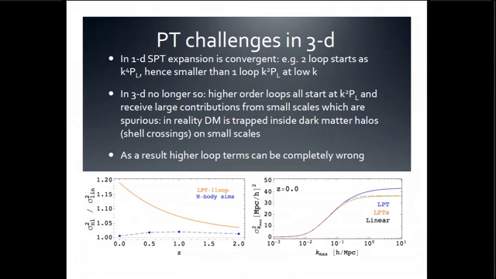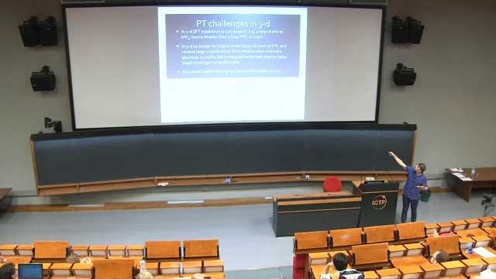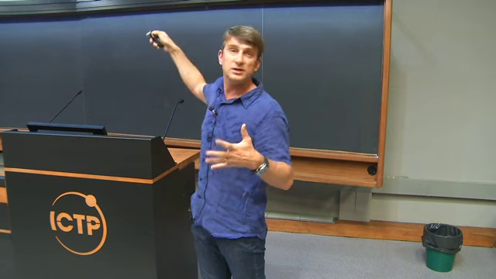They can no longer be shown to be a convergent series in the sense that, for example, in 1D, you can show that at low k, 2 loop starts at k to the 4 P linear, 1 loop at k squared, and so on. So there's a convergent series at low k. In 3D, this is no longer the case.